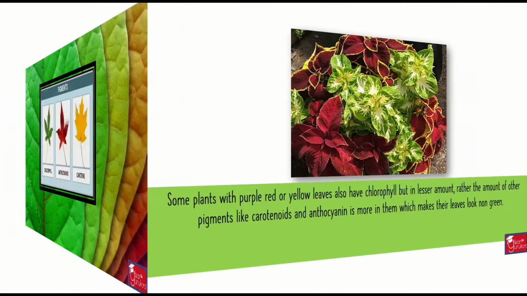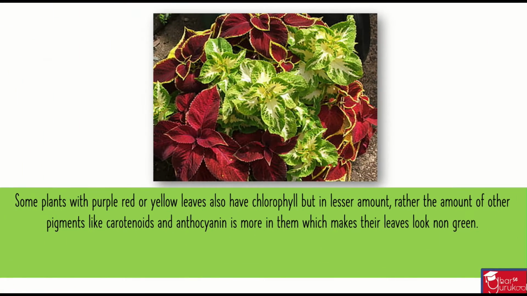And you will be amazed to know that some plants with purple, red or yellow leaves also have chlorophyll, but in lesser amount. Rather, the amount of other pigments like carotenoids and anthocyanin is more in them, which makes their leaves look non-green.